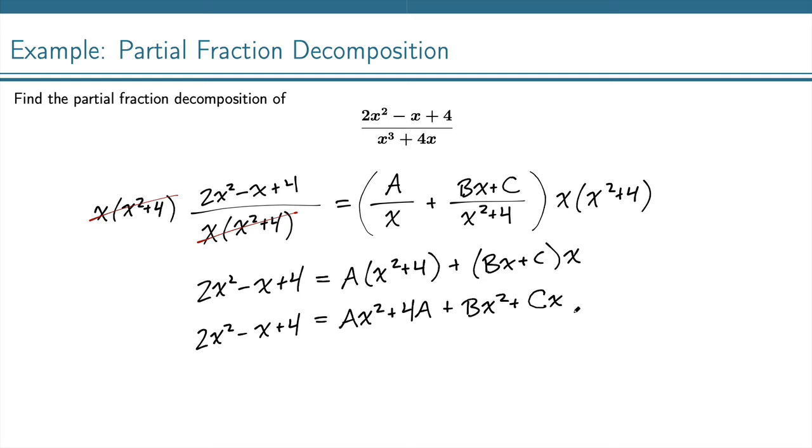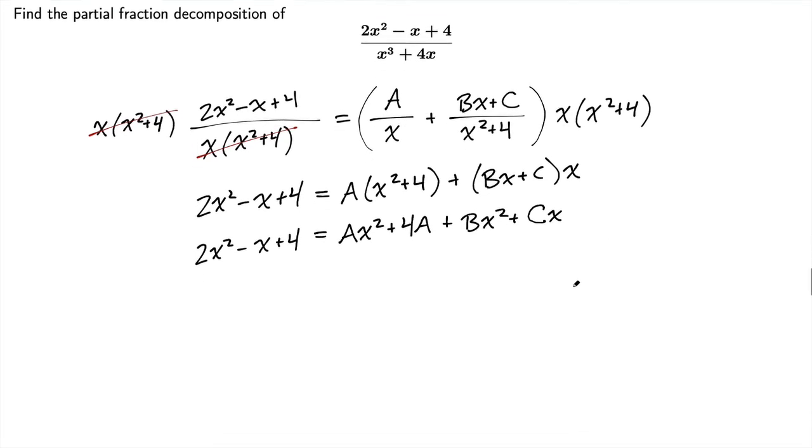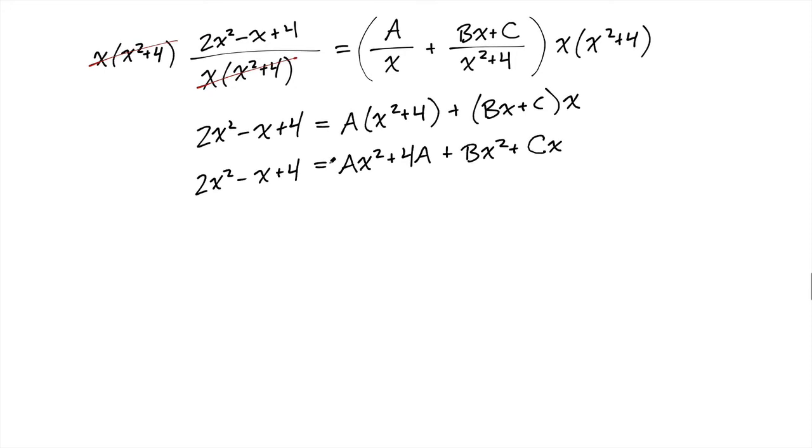Now we are going to group our like terms on the right side of this equation. So we've got here ax squared and bx squared. So when we combine those and factor the x squared out, we have a plus b times x squared. And then we have just this x term, plus cx, and then this constant term, plus 4a.